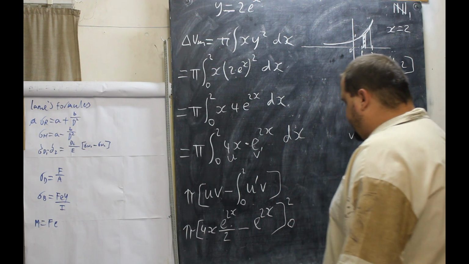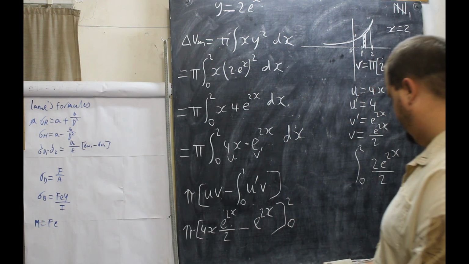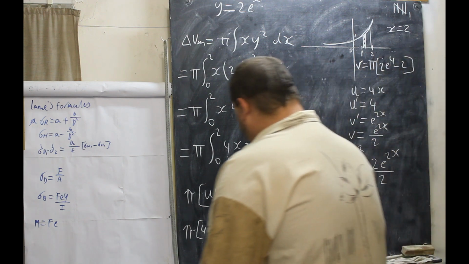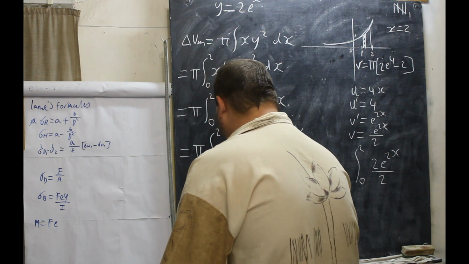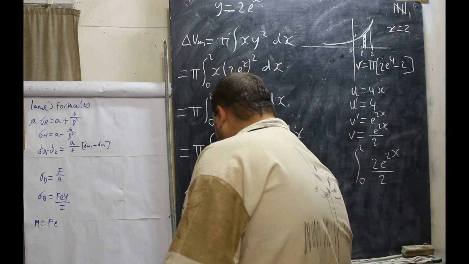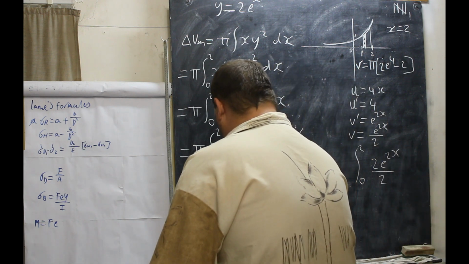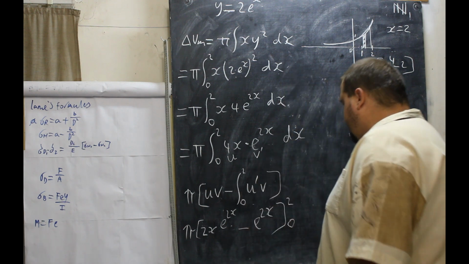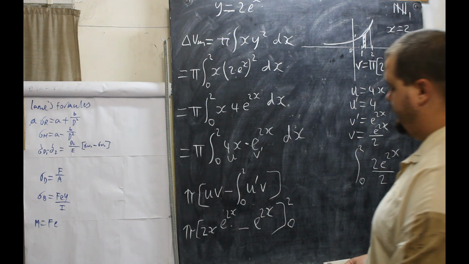The limits are 0 to 2. Now, 4 divided by 2 is 2. Now we have this.